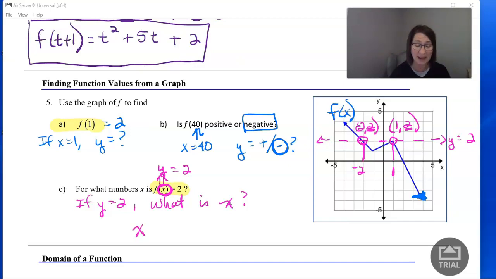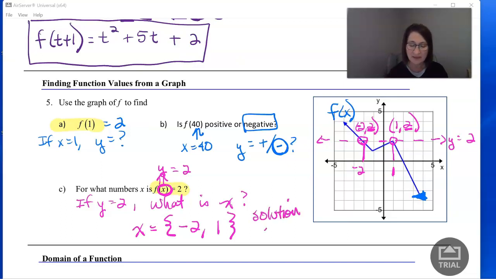So I would say x is, and I'm using my set notation to show that the solution set is actually going to consist of negative 2 and positive 1. So the squiggly brackets just show that it's a set. In this case, that would be my solution set.